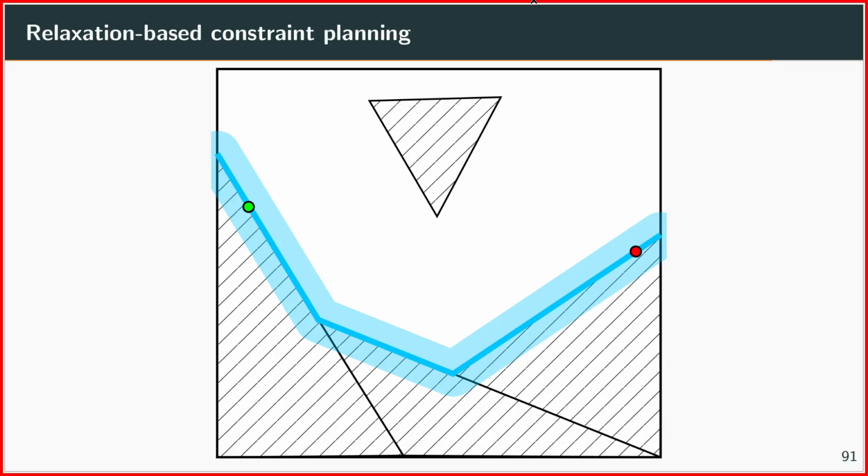So what would happen if, for example, I would have a path which goes very wide outside here, and there's maybe another obstacle in between, and then you would have a path which is solvable here, but you could not actually move it such that it's exactly on these blue lines.